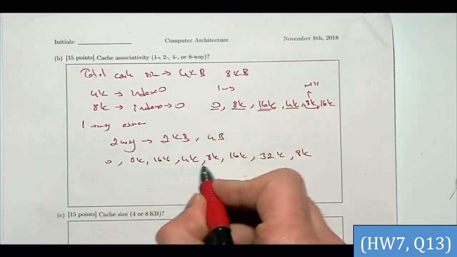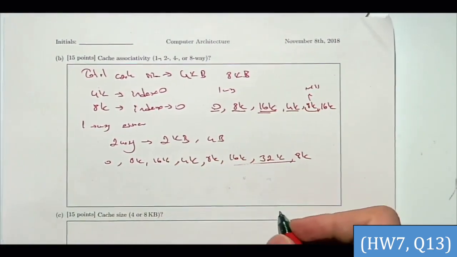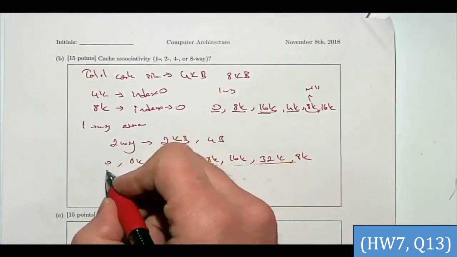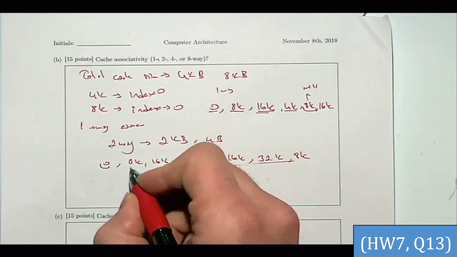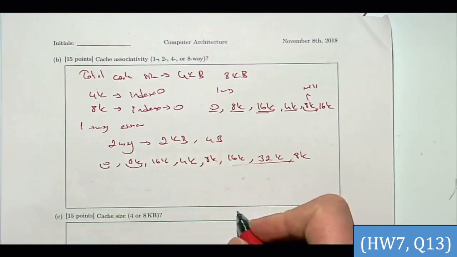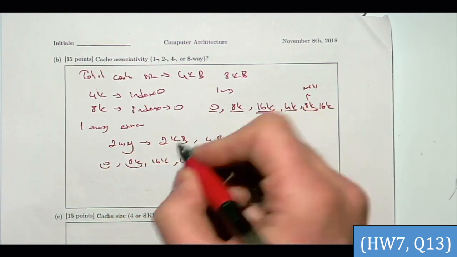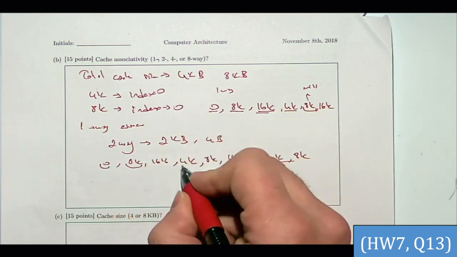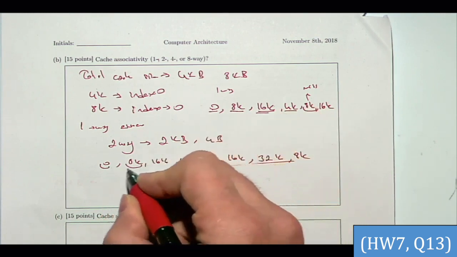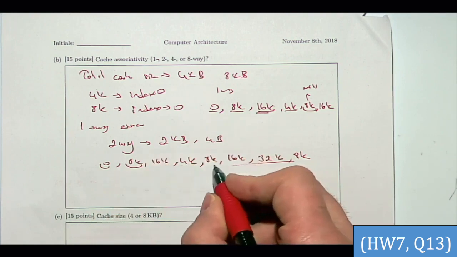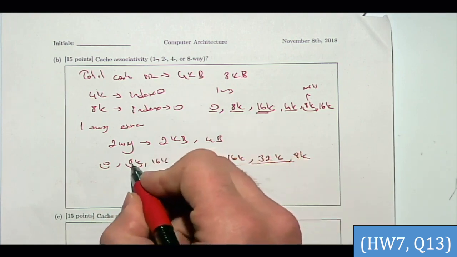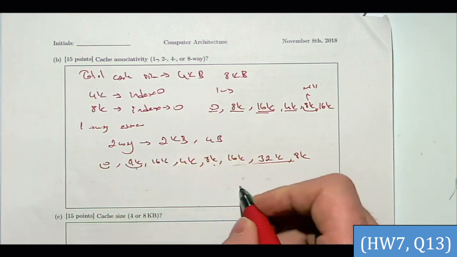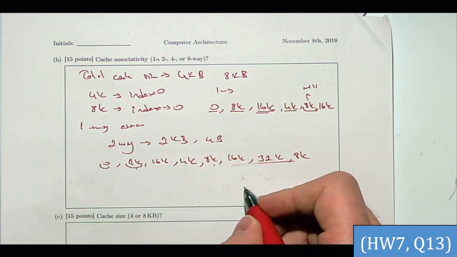For the 2-way, it's similar. Again, these are the accesses, and for 2-way, I will have this one and this one for the first 2 accesses, and then I'm going to replace 16 for either of these, and then again replace 4K for either of these. So for sure 8 or 0 will be gone.